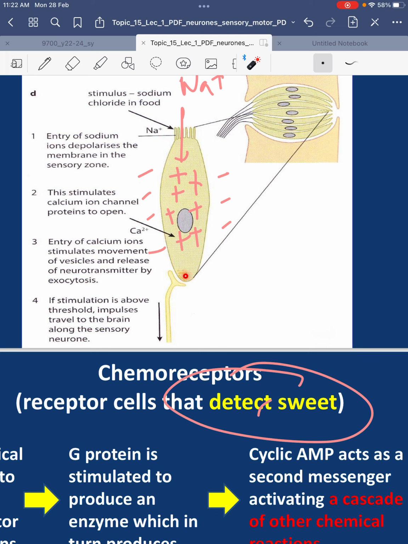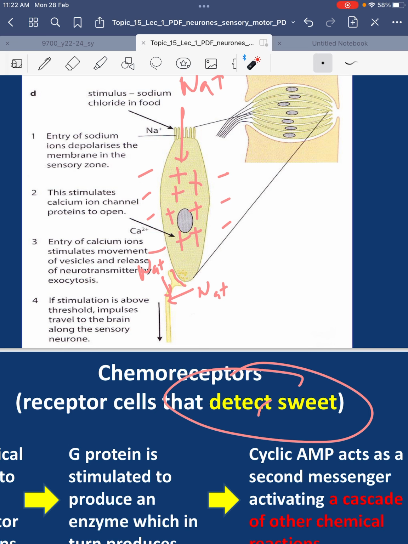The vesicle will fuse with this membrane and release the neurotransmitter, and that neurotransmitter will bind here, and that causes sodium to enter again. So this will depolarize the membrane here, and then the action potential or nerve impulse will travel down.